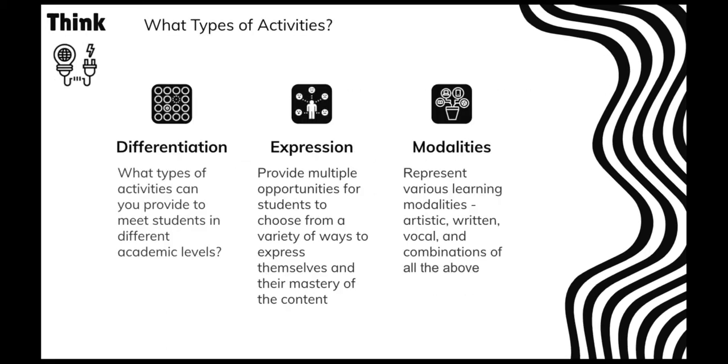Think about what types of activities you're going to include, how you're going to differentiate it. Are you providing different ways for students to express themselves, and what different modalities are being used as well?